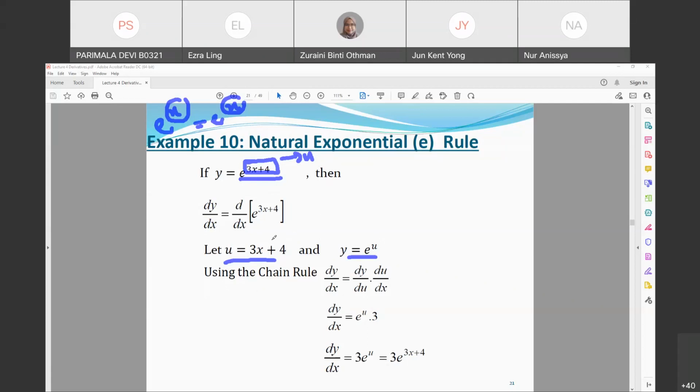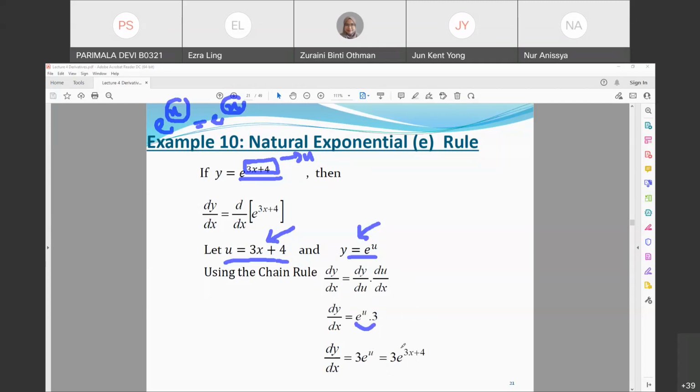Dy over du, bezakan yang ni, kita akan dapat dy over du, yang ni lah dy over du, bezakan eksponen u dapat eksponen u juga. And this equation we get 3, right? 3x plus 4, we get 3 as a differentiation. Then the final answer, we multiply it to these two, we get 3 exponent u.